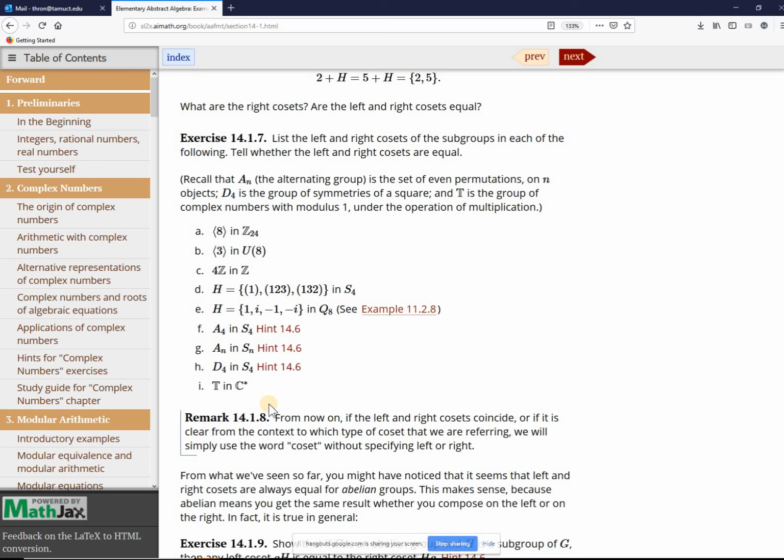So how would you express an arbitrary element in T? How would you express an arbitrary element in T? Because remember, what you want to do now is multiply your r cis theta by every element in T. Yeah, cis something.